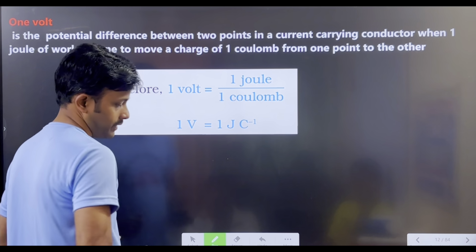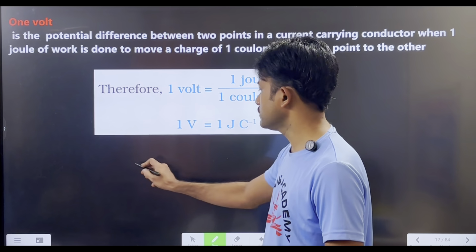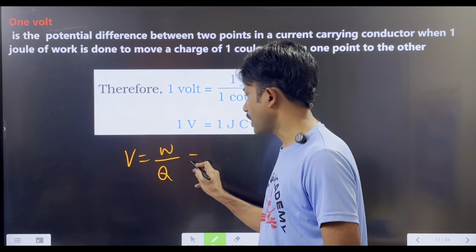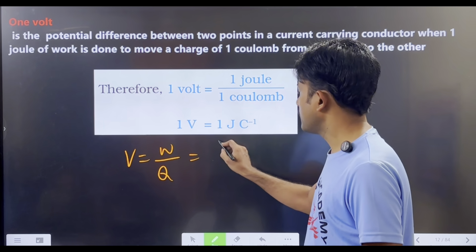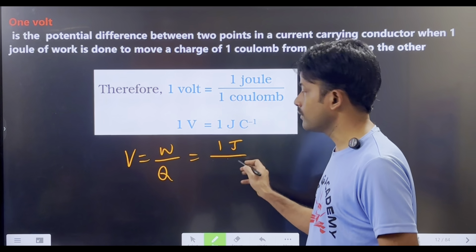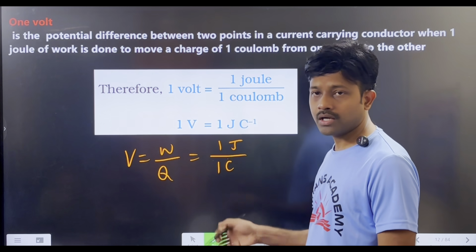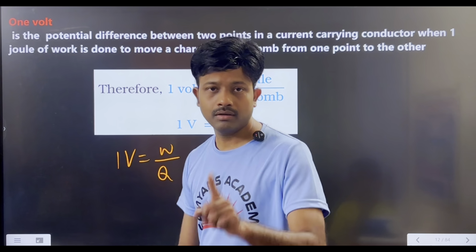We already know V equals W by Q, and by using this we can easily define it. How much work is done to move 1 coulomb of charge? 1 joule of work. 1 joule of work done to move 1 coulomb of charge from one point to another point is said to be 1 volt.